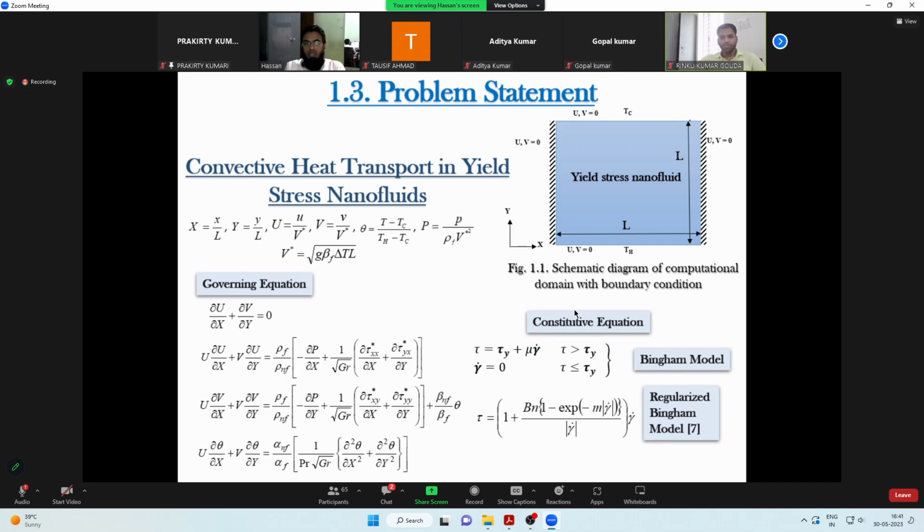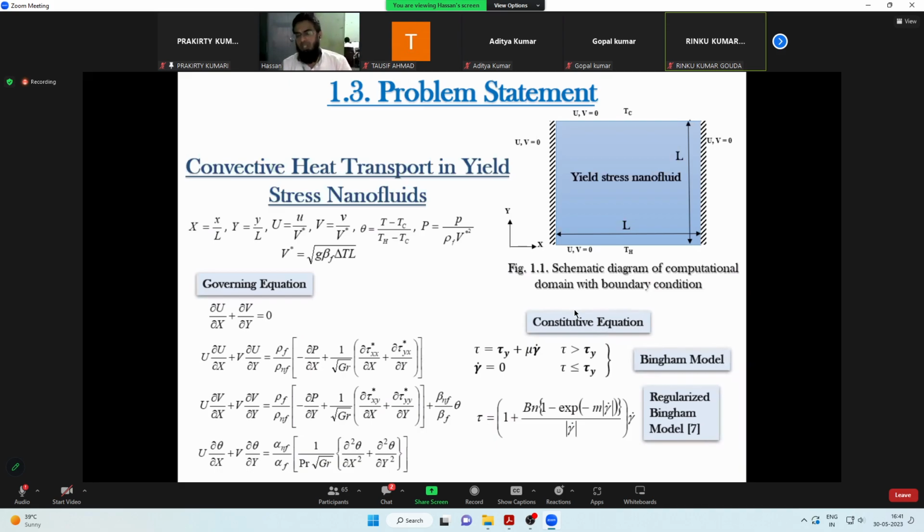For example, the spatial coordinates x and y have been non-dimensionalized as x by L and y by L, velocity as dimensional u by a characteristic velocity v star, defined as root over g beta delta T L. Similarly, capital V is small v by v star.